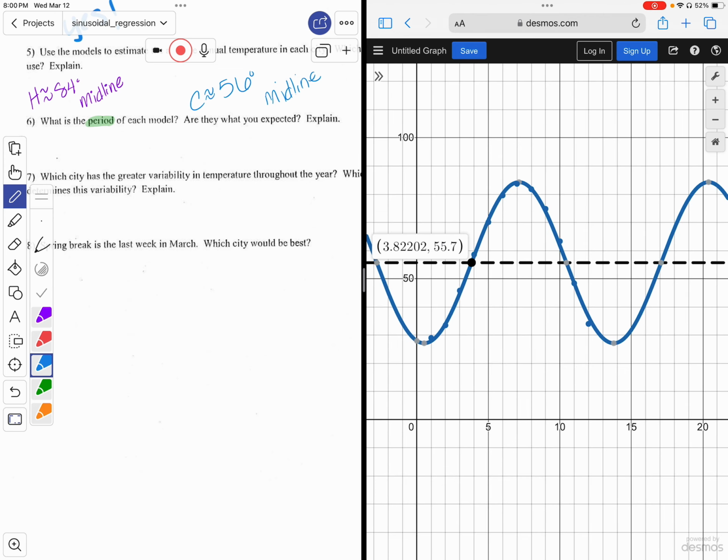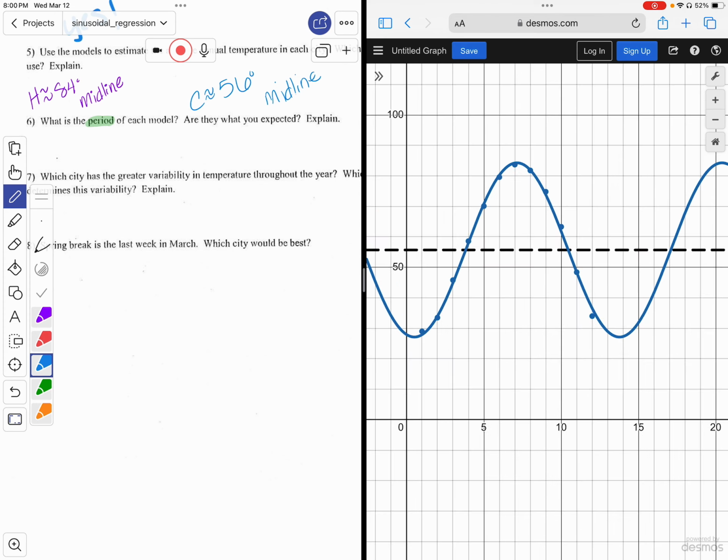Here's my midline. Your period is easy to count when it starts at your midline. So we're going to start at the midline and travel up. We're going to complete one hill and one valley, and we stop here.